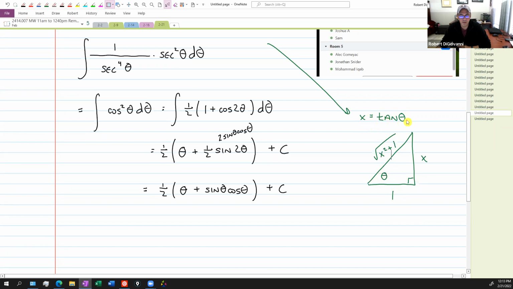Just take arctan on both sides. So I think we're here. 1/2 theta is inverse tangent of x plus sine of theta, which is opposite over hypotenuse, x over square root of x squared plus 1, times cosine theta, which is 1 over square root of x squared plus 1, plus c.